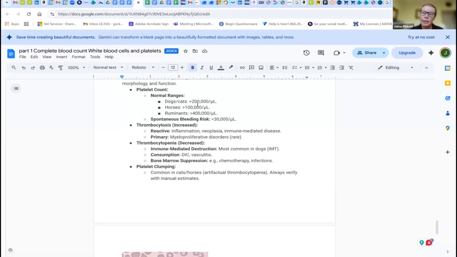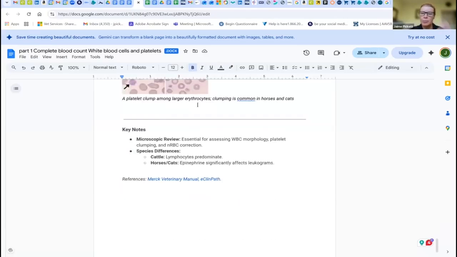So go back to that blood smear, because if the platelets are low on the machine, there's a good chance there's platelet clumping. A falsely low automated count is common. So again, it's critical to look at that smear to get the whole clinical picture.